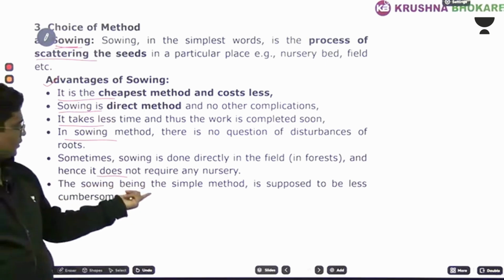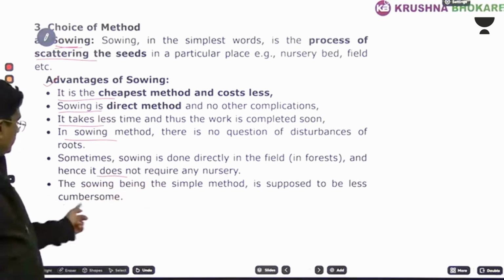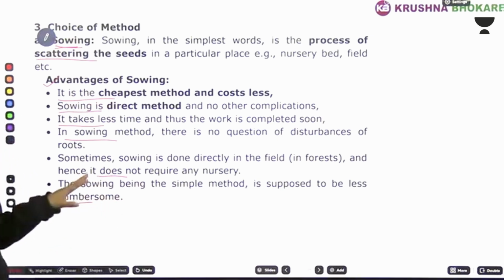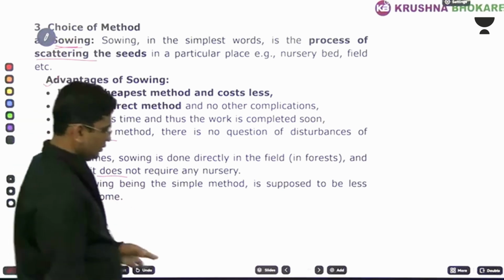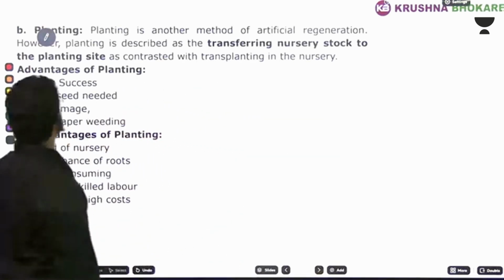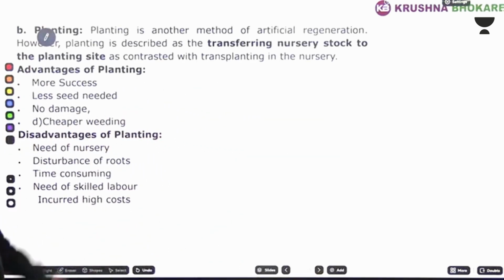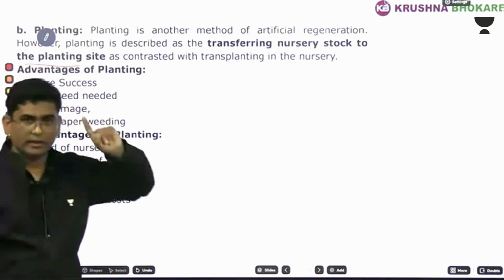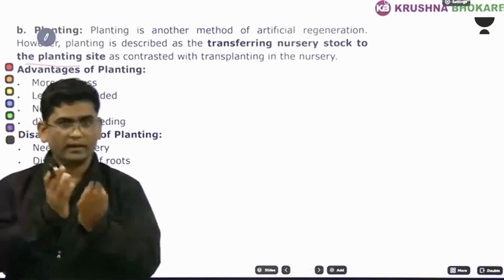Sowing, being a simple method, is less cumbersome, not that difficult. Okay, another method is planting. Planting is another method of artificial regeneration. Planting is described as transferring nursery stock to the planting site. Normally, you know, black colored packets are there.